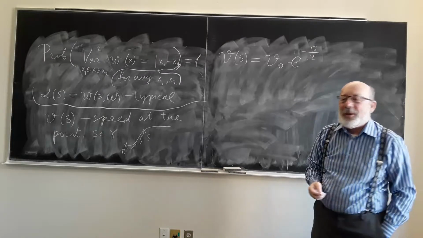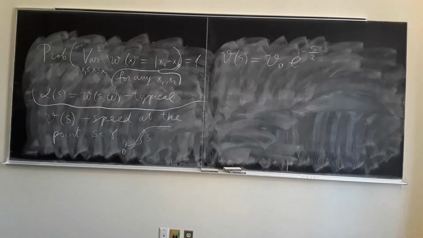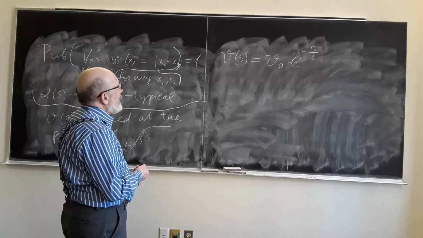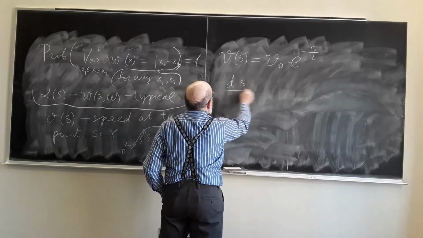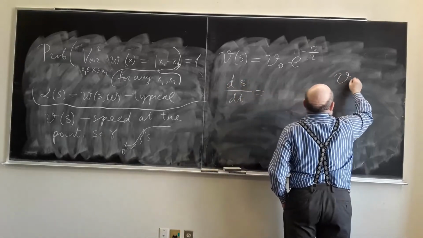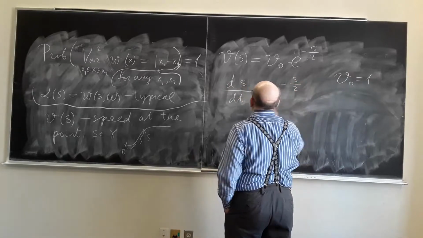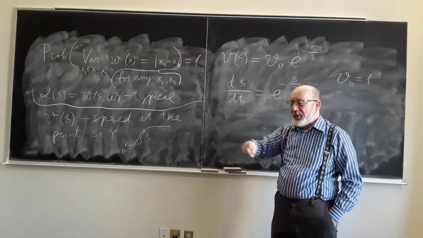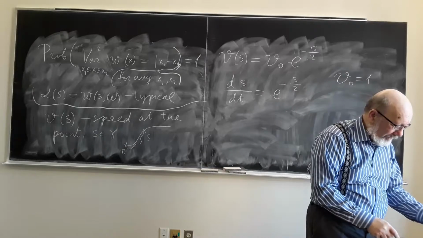So this curve is so, I would say, hiddenly rough that it really breaks the motion. So we have the following differential equation: ds dt equals, let's take v0 equals 1, e minus s over 2. So the point is moving along this curve, but with deceleration.